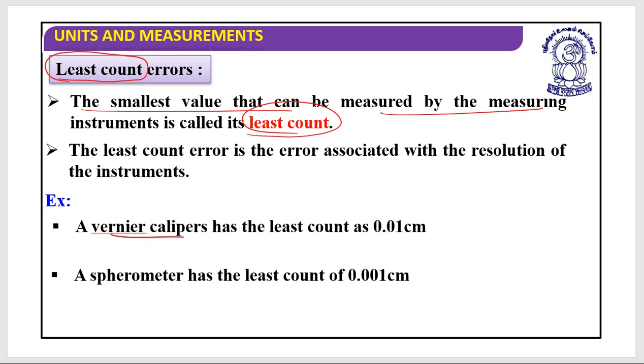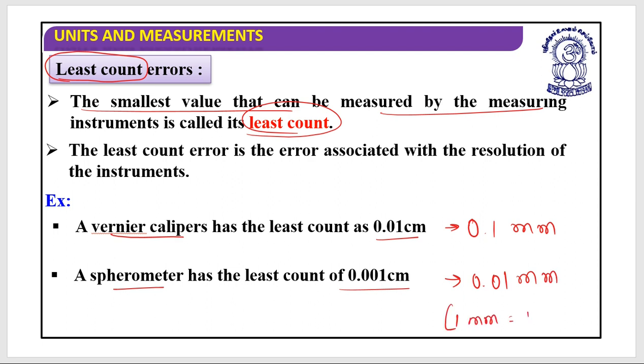Let's say vernier calipers have a least count of 0.01 centimeter. A spherometer, even a screw gauge, has a least count of 0.001 centimeter. You need to remember this. This is 0.01 centimeter, so this is 0.1 mm and this is 0.01 mm. I hope you know this.